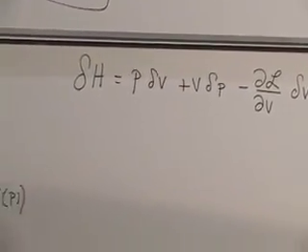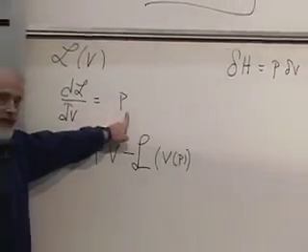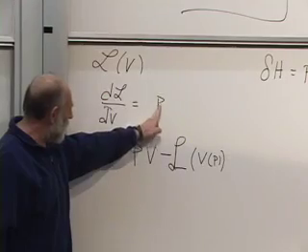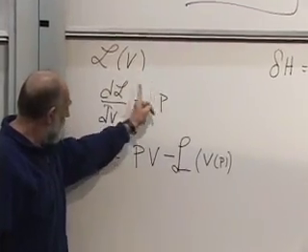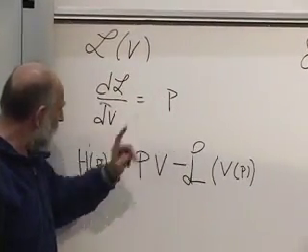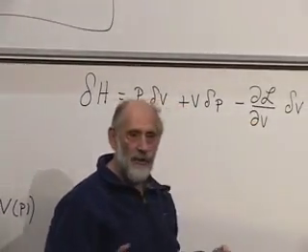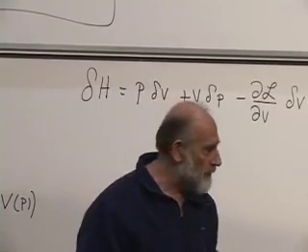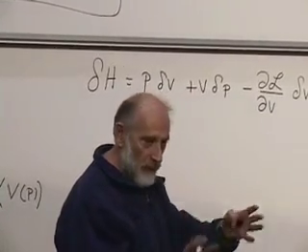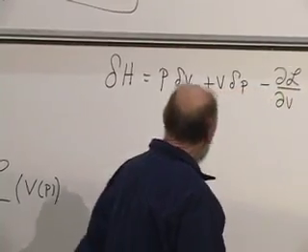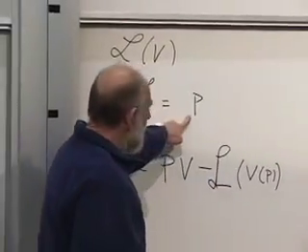I defined the dL by dV to be called P. That was the way that I constructed P from L. The dL by dV is equal to P. So look right here, we have the dL by dV. I'm sorry I sometimes write partial derivatives and sometimes total. It doesn't matter. There's only one variable. Partial and total are the same. All right, so this thing is P.